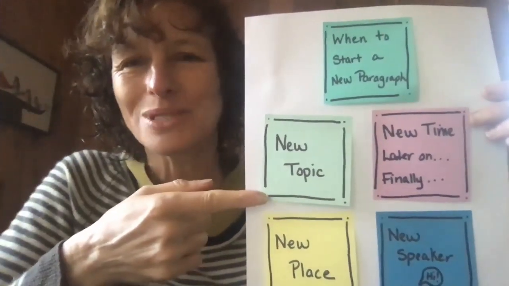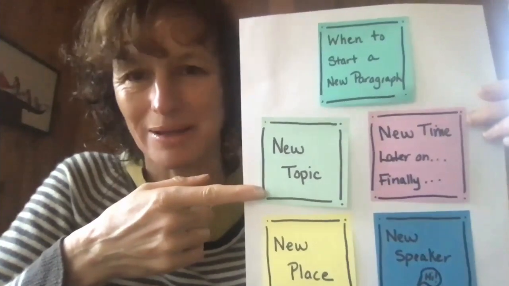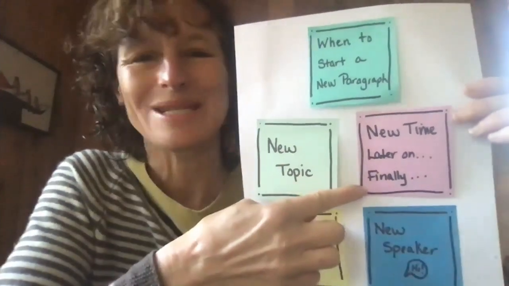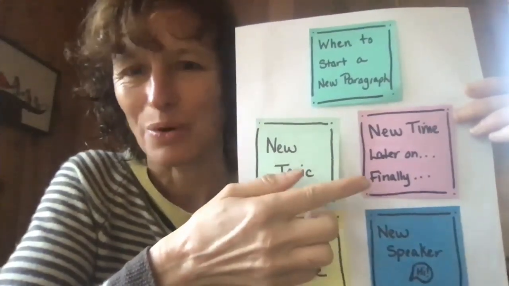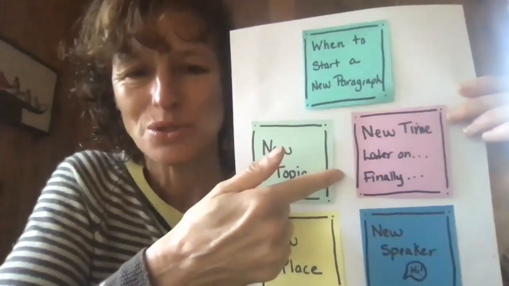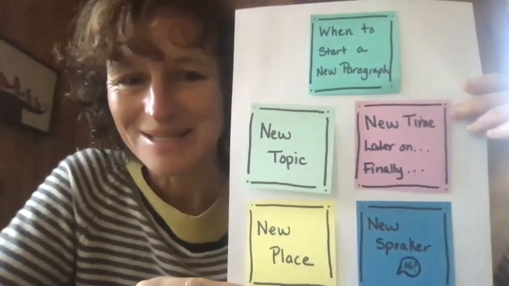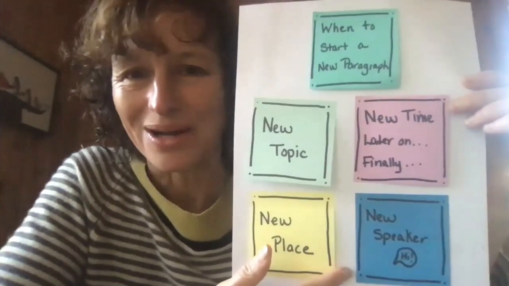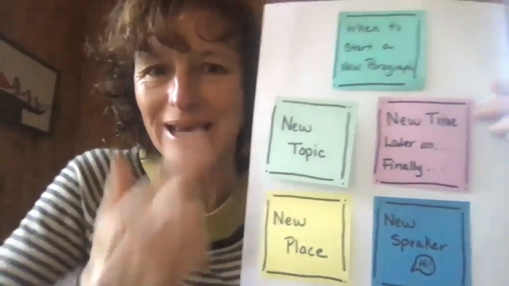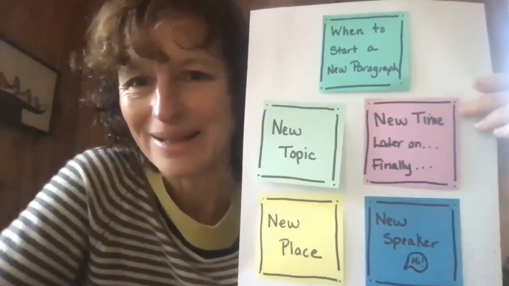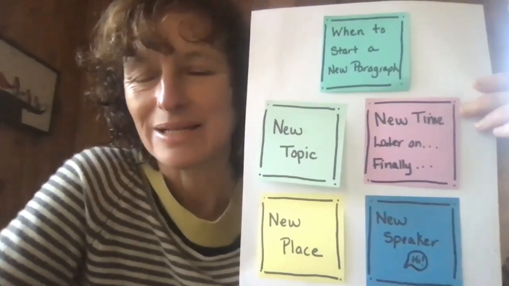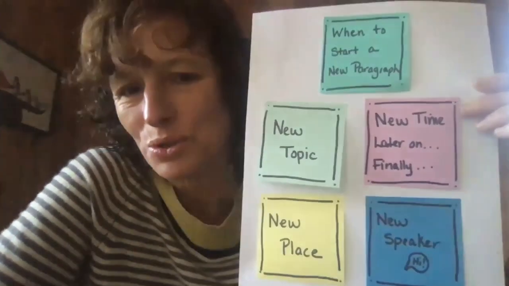And so there's different reasons. So when you start a new topic, you start a new paragraph. When there's a new time of day or month, time passes, you start a new paragraph. When there's a new place, and when a new person talks. So let's look at my writing, and I use these colors to sort of highlight what I did. And so you can see this, and you can reread your writing for this.